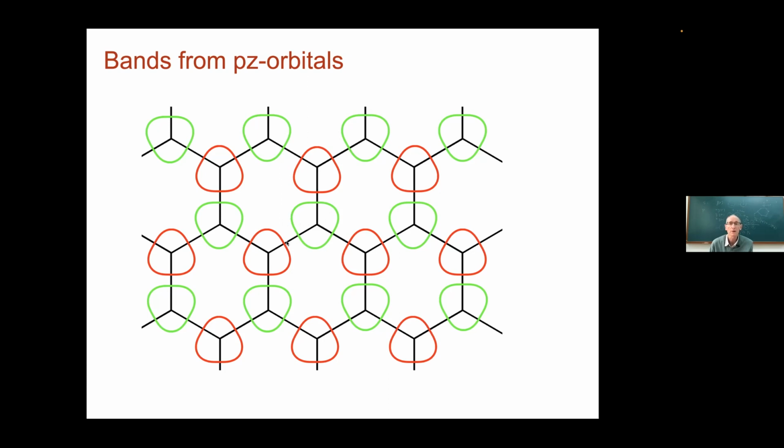However, these things are not isotropic. So you see that the relation between this and this, where these things are pointing to each other, is very different from the relation from this to this. Of course, they are also at different distance, but they are different because here you have these two things pointing to each other and you don't have anything pointing to each other. So these things are not as isotropic as the s orbitals.